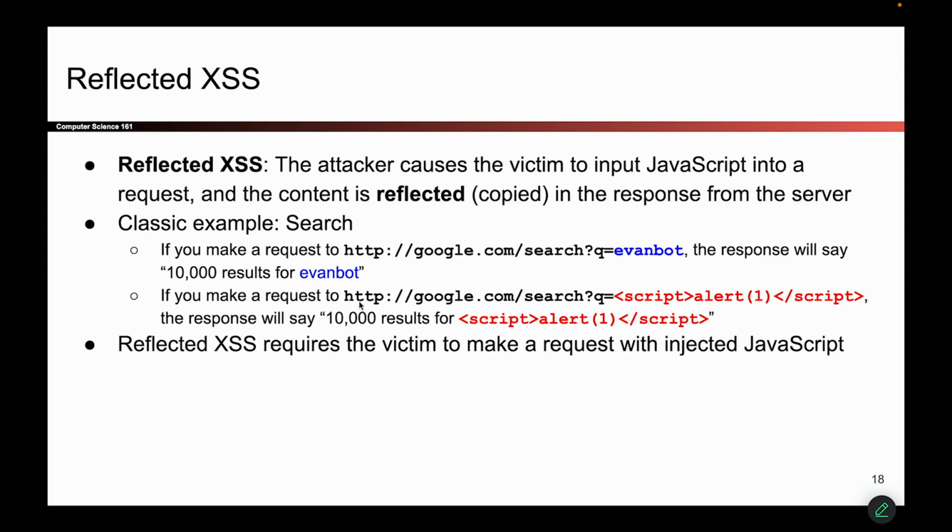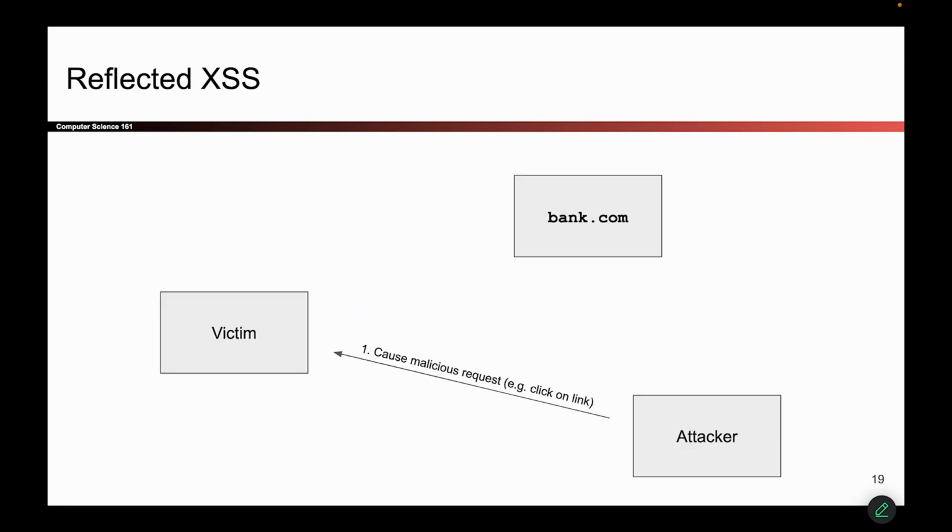In other words, the victim can't just visit any old regular website like a profile page. The website they visit has to specifically have the malicious JavaScript in the URL or somewhere else in the HTTP request. So this is a little bit different from stored XSS, where the user's request didn't have the JavaScript to begin with. Here, the user's request does have the JavaScript, and it gets sent back to them as part of the attack. So here it is in pictures.